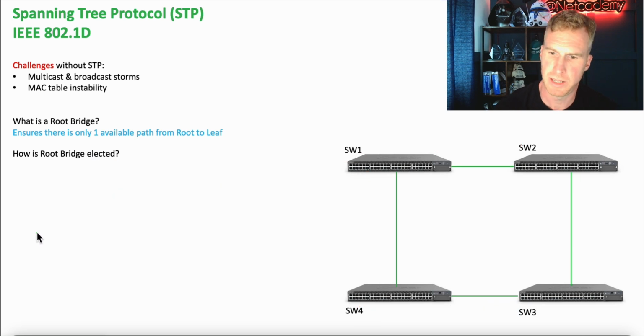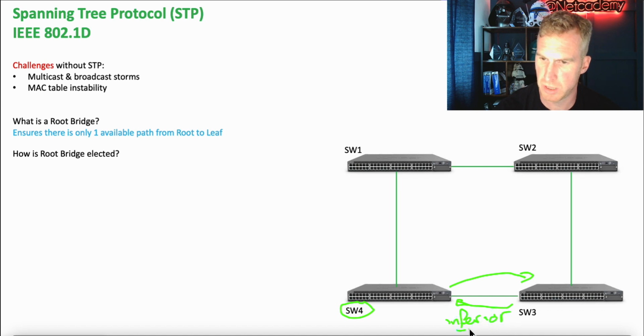So let's say that SW4 is going to be the root bridge, and it's received the BPDUs from SW3, and SW3 has also received SW4's BPDUs. At this point, SW3's BPDUs are going to be what's called inferior. They're inferior because SW4 has a better priority, a lower priority value, or maybe the MAC address is just lower if there is a tie.